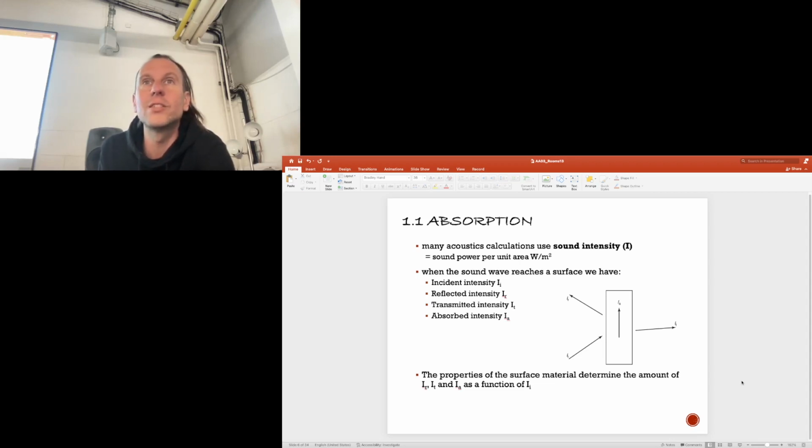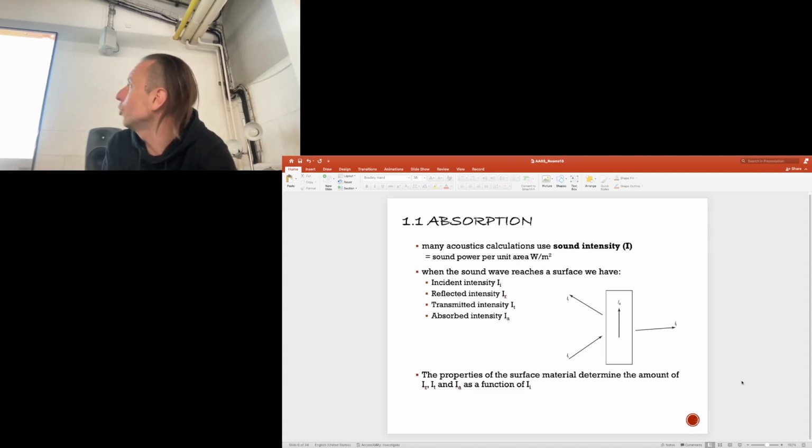This is fairly straightforward, but normally when we think about things in acoustics, we typically forget one or two of these. I think I mentioned that if you want to have a better response of a room in terms of acoustics, you want to avoid reflections. Reflections will mess it up.